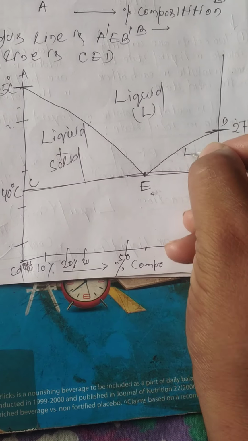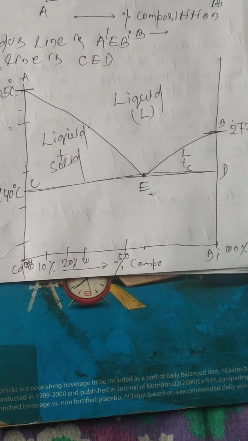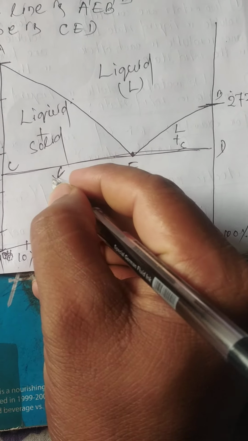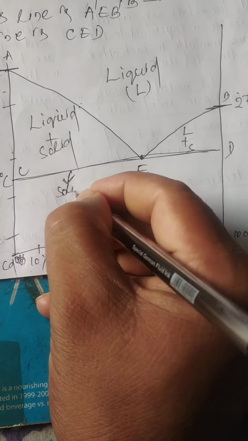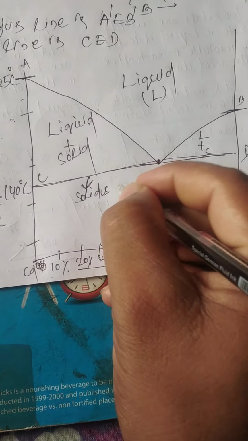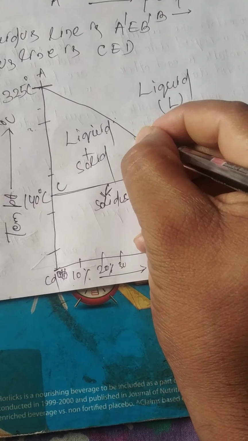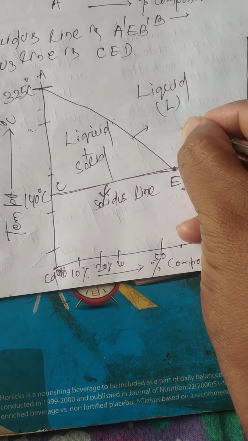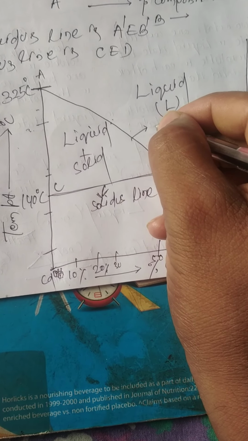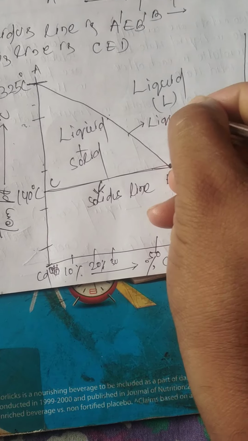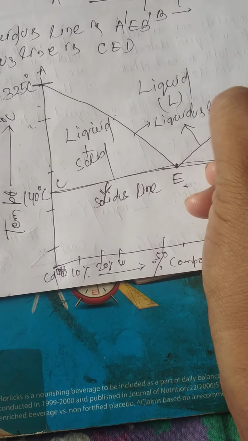Also here this will be liquid plus solid. Now see, this is the solidus line. This is the solidus line. These two lines are the liquidus line.